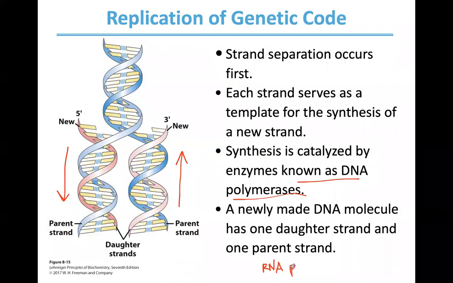RNA polymerase. Okay. So DNA polymerase and RNA polymerase. These are two main enzymes which work on DNA to make complementary strands or the strands which are made of RNA. Any questions?